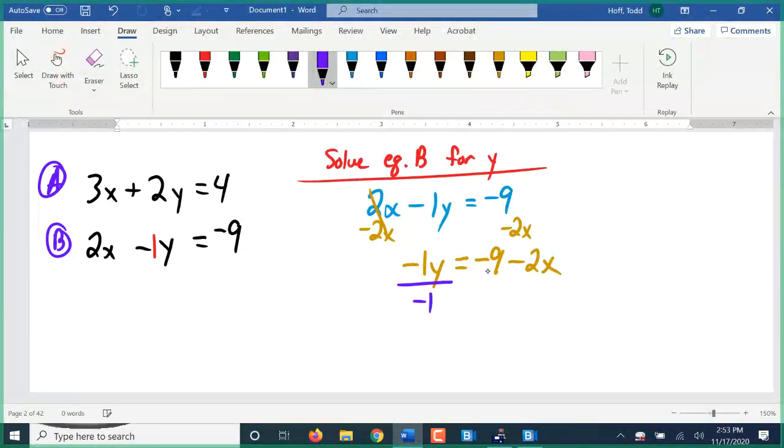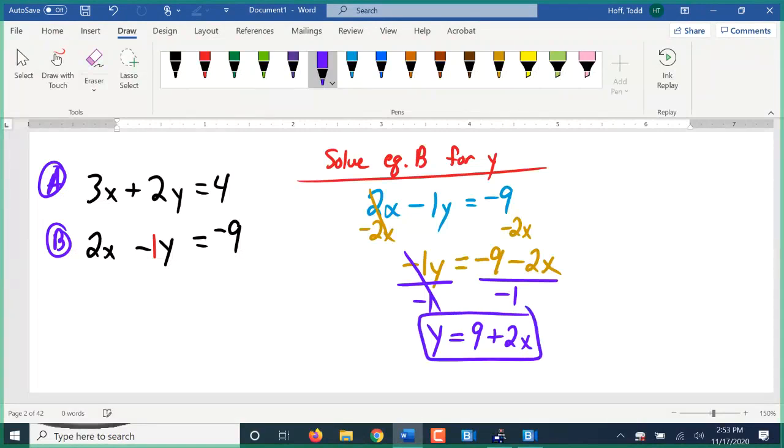We'll divide by a negative 1. Get rid of the negative 1, so y equals negative 9 divided by negative 1 is a positive 9. Negative 2x divided by negative 1 is a positive 2x. So equation B is y equals 9 plus 2x once we've solved it for y.